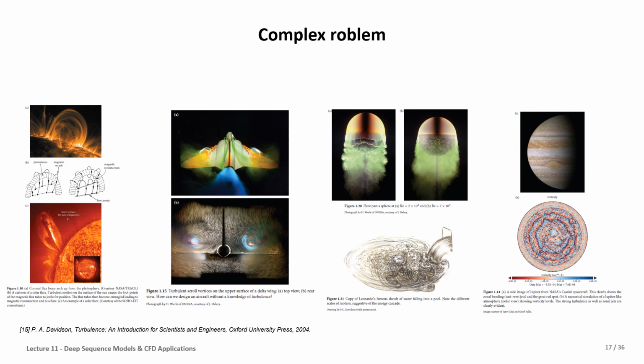Regarding turbulent flow, as we discussed before also, the majority of flow is turbulent, and here are examples. The first two figures you see on the left-hand side present great applications at large scale.